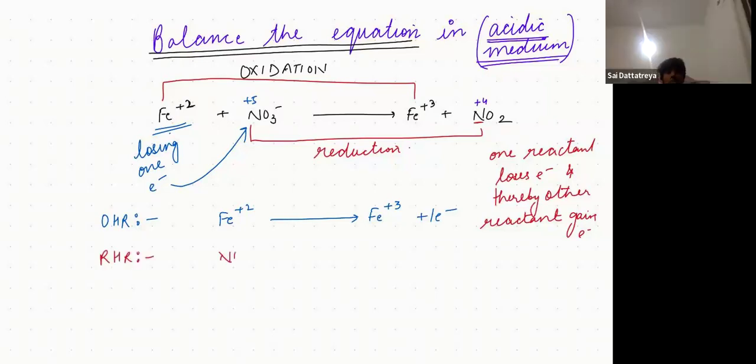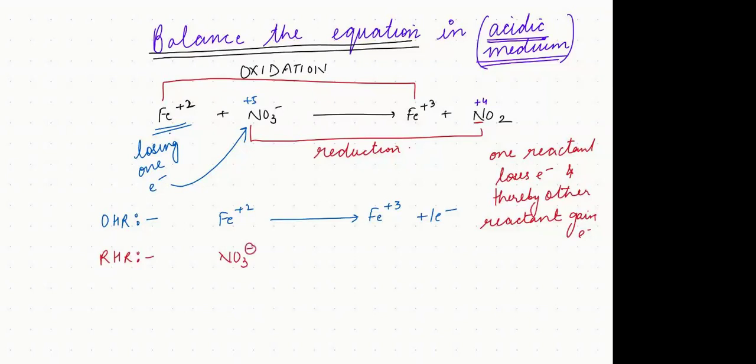Fe+3 plus one electron turns into Fe+2, because Fe+2 loses one electron. So basically one electron is being emitted out of Fe+2, coming out as a product. NO3 negative becomes NO2 because it gains one electron, since nitrogen was +5 and on the product side it became +4.